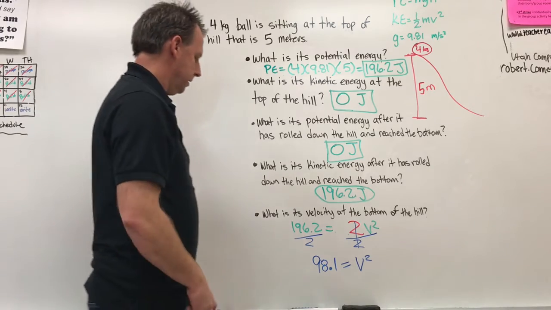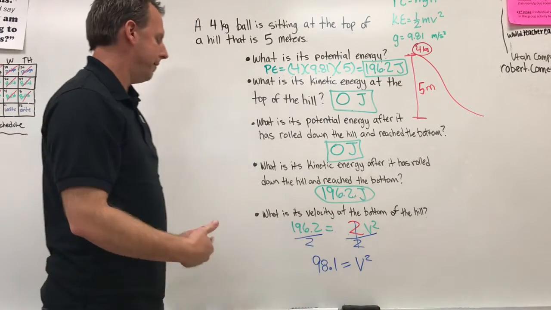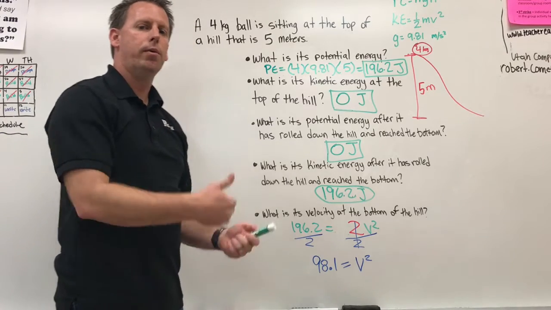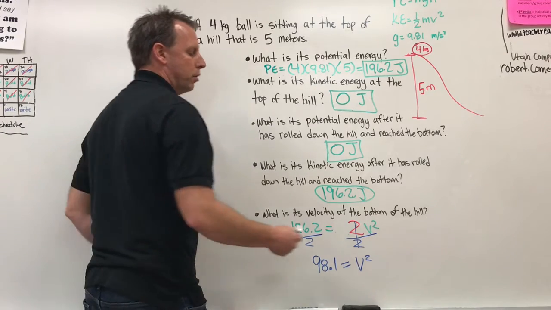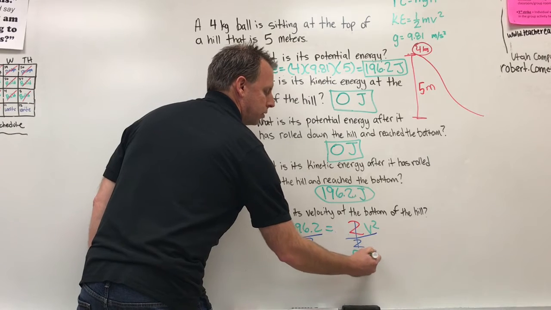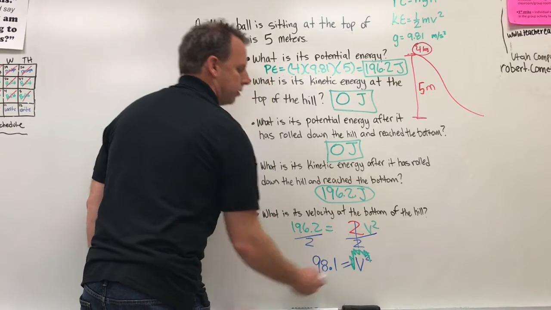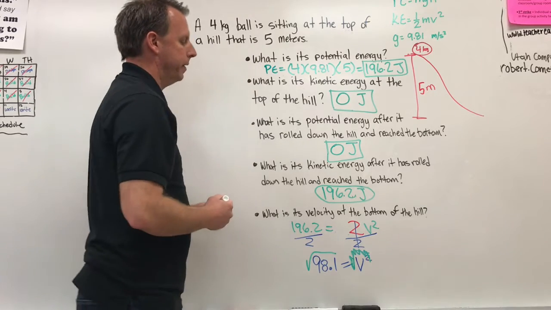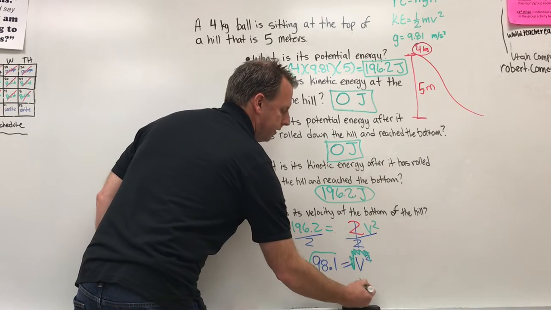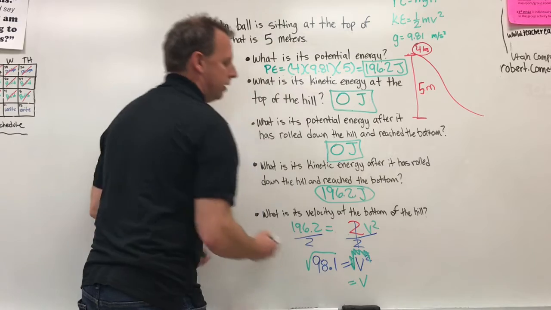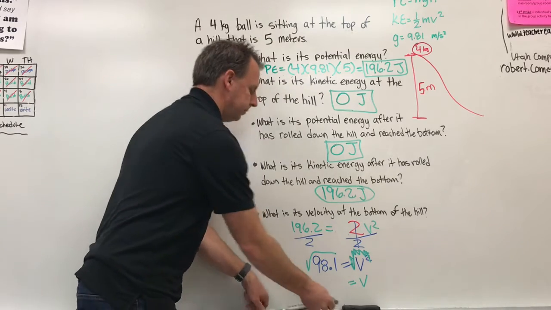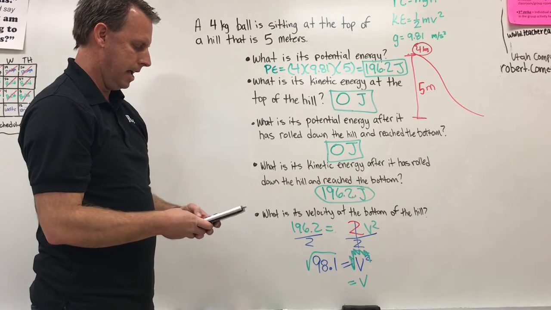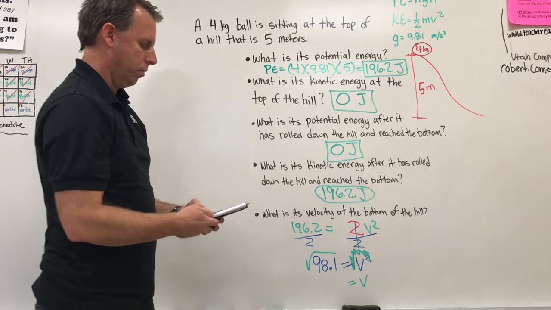And finally, to get v by itself, I have to get rid of that square. So I'm going to take the square root, because square root is the opposite of square. They cancel each other out. So if I take the square root here, that cancels out. If you do it to one side, you do it to the other, and it looks like then v is going to be equal to the square root of 98.1.